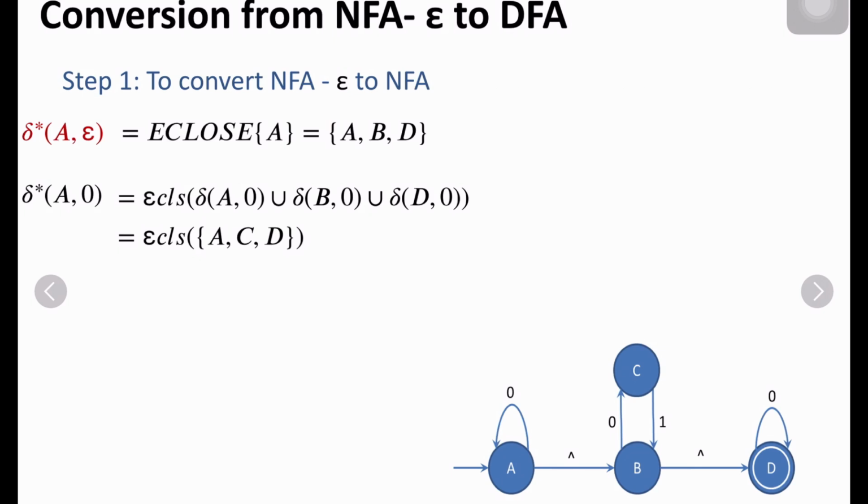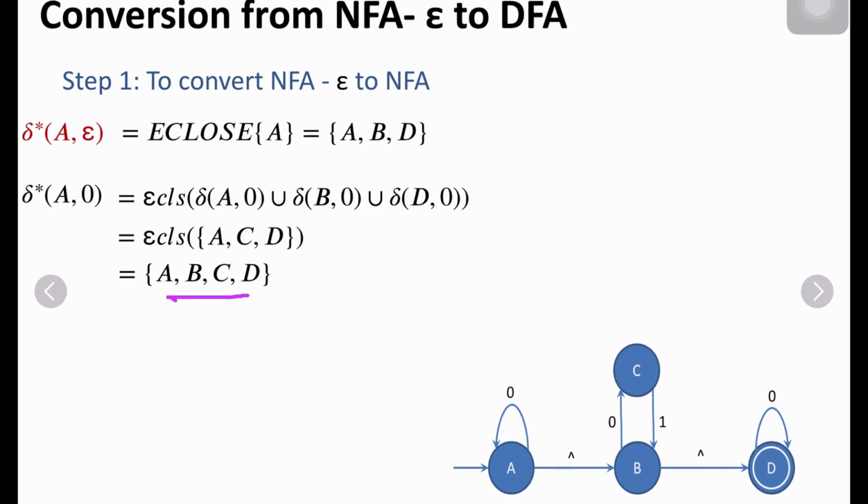Then E-closure of A is ABD, E-closure of C is C only, and E-closure of D is D only, because it is not able to reach any other state. So the result is A, B, C, D.